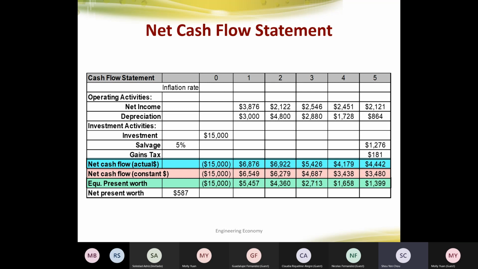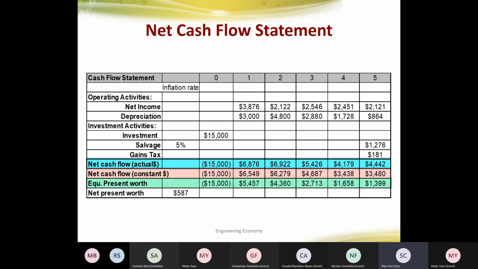So again, if we want to come up with net cash flow, previously we had the income statement. Here we have net cash flow. In the income statement, we computed net income, and we need to add depreciation back because depreciation we did not pay.